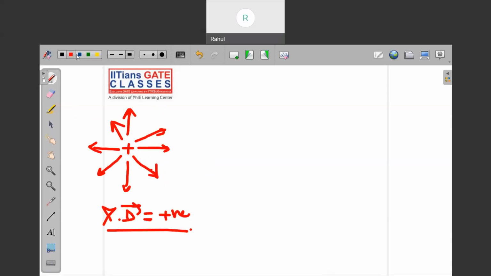And if there is a negative one, there will be a negative divergence, because this kind of scenario will be there, right? Flux lines will be terminating at this point. So the divergence of D will be negative.